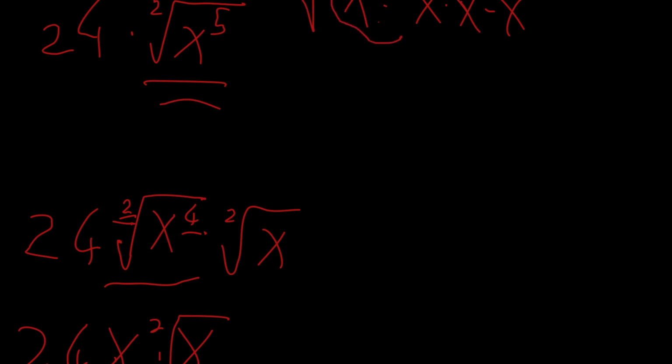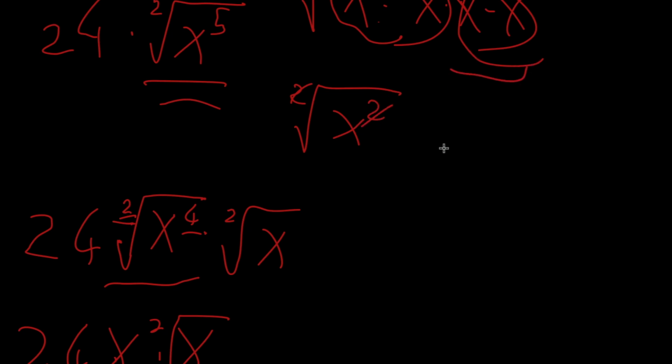Of course we can group these two as x squared, because x times x is x squared. And these cancel out, and same thing with this side. So basically it becomes x times x, or x squared.